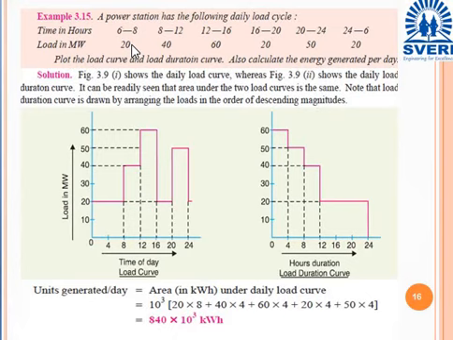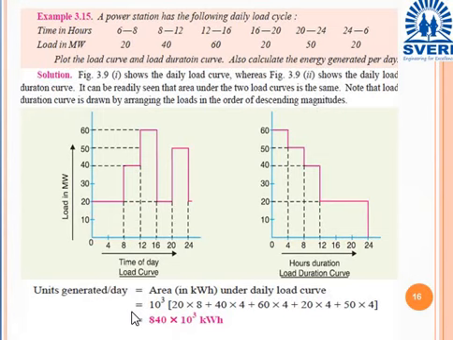So this 2 plus this 6 plus this 4, in total for a duration of 12 hours the load will be 20 megawatt. So we have drawn 60, 50, 40 and 20, in descending order, in this load duration curve. Now units generated per day.